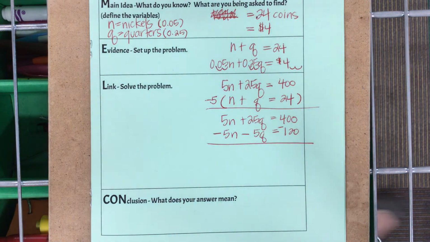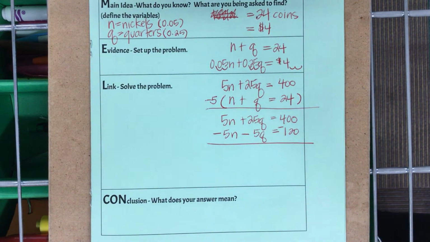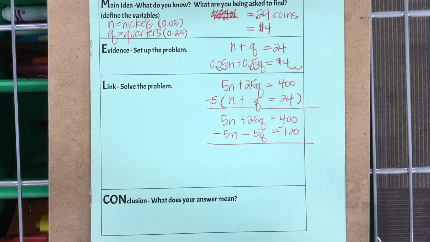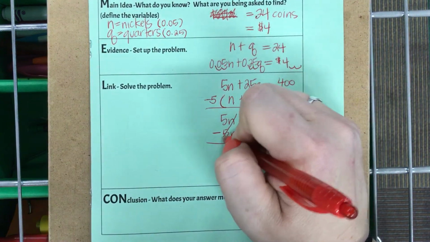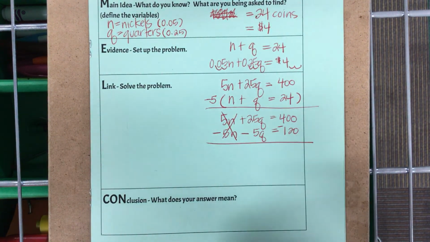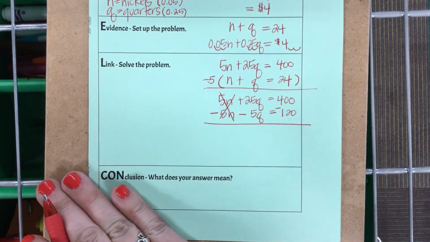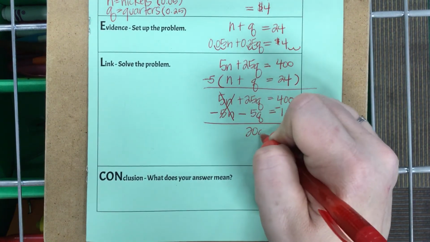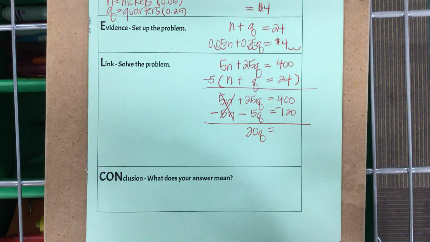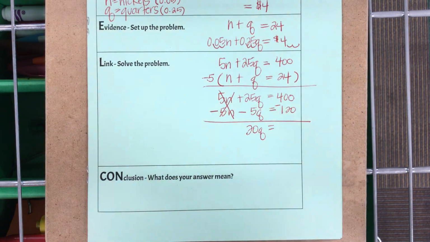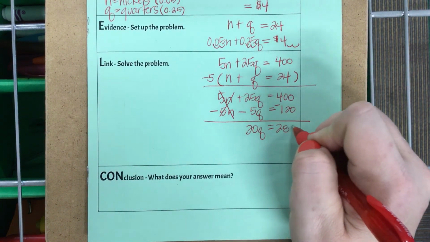You work. What happens here? Something cancel out? My n's? What's 25q minus 5q? Equals 400 minus 120 is 280.